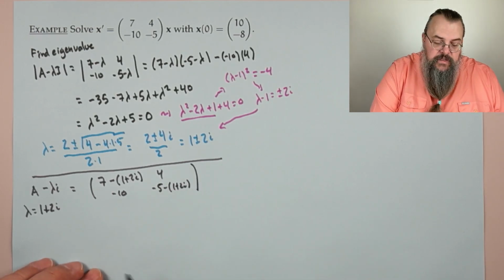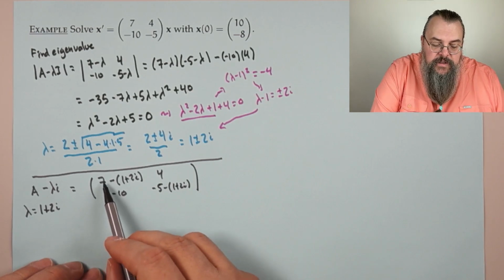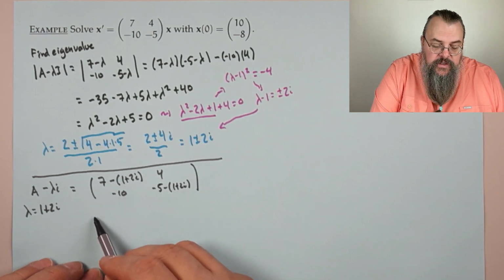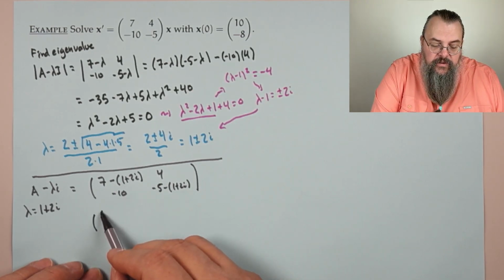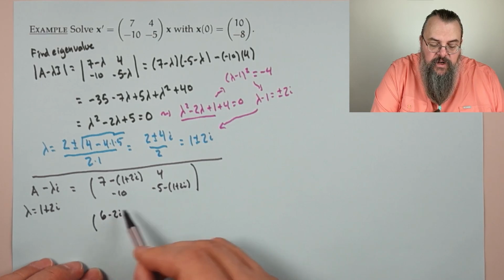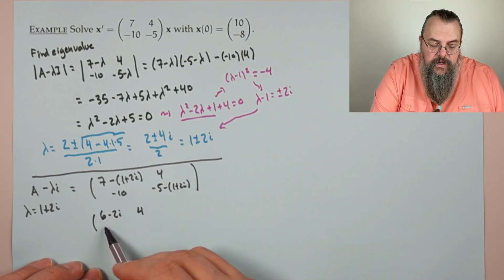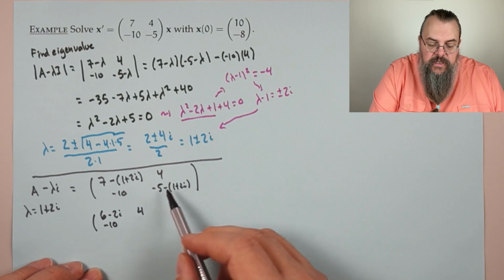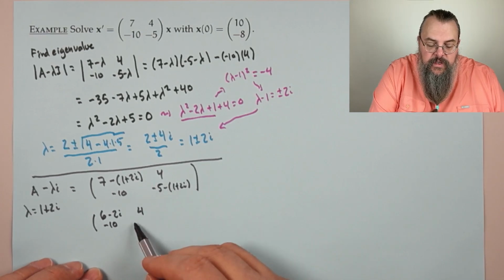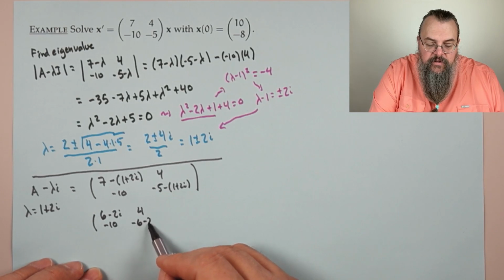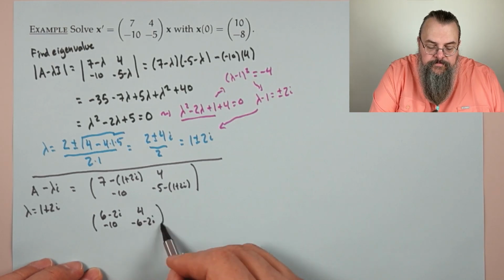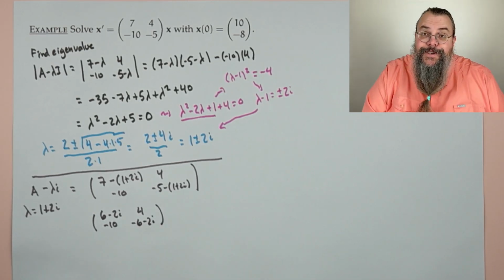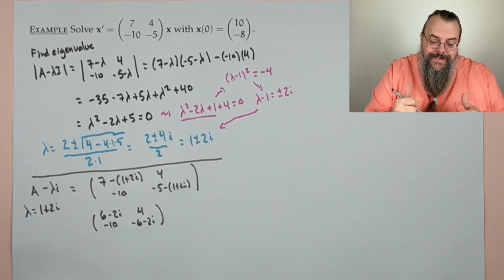Now if you clean this up, you can distribute the minus through. So this would give you a 6 minus 2i, a 4, a minus 10, minus 5 minus 1, makes it minus 6 minus 2i. All right, good? Got that? All right.